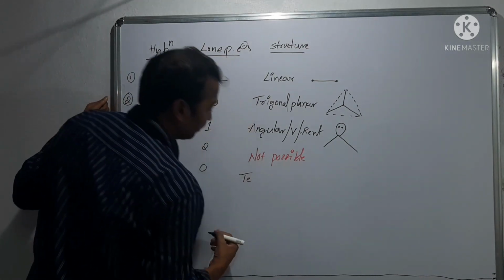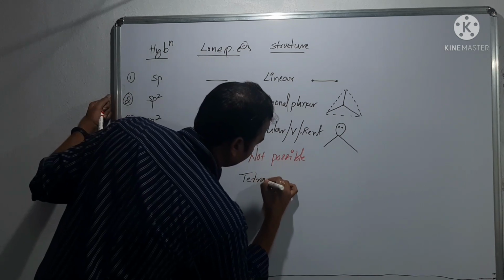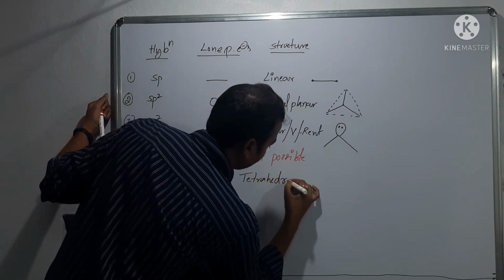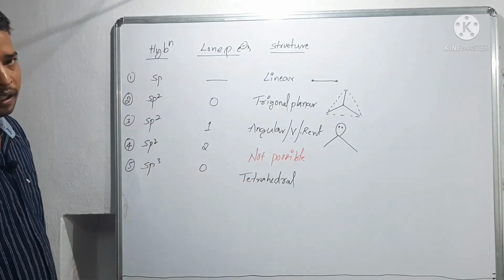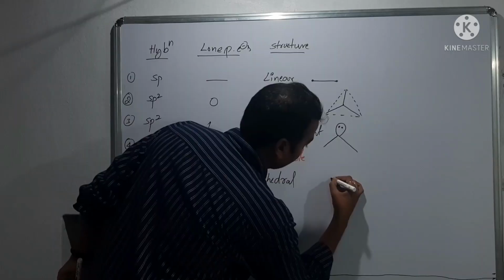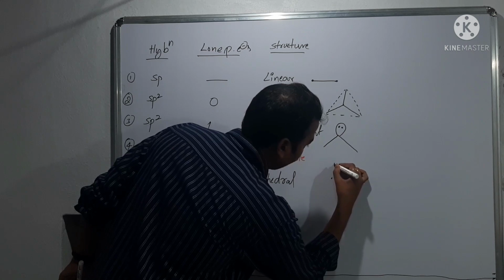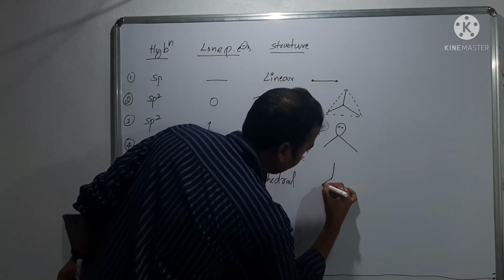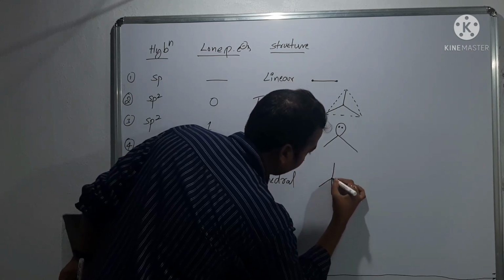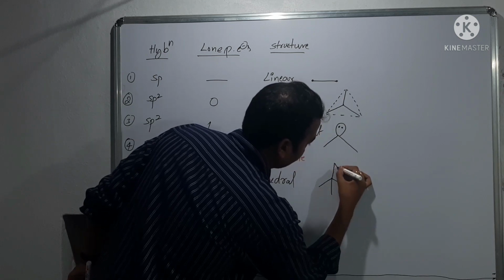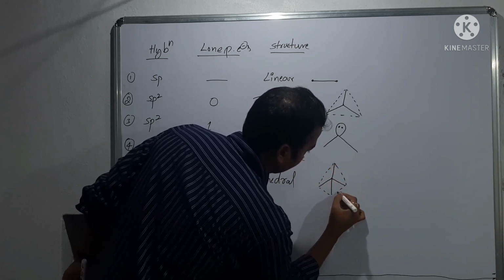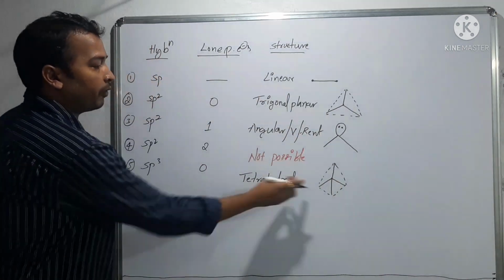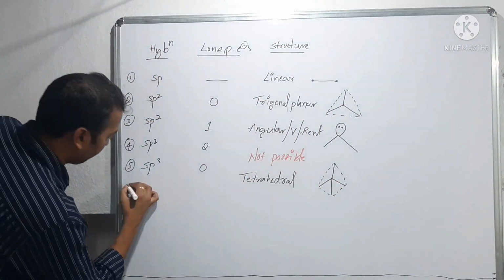Tetrahedral geometry. Generally it comes out as a tetrahedral molecule. The shape is taken like this. This is the shape of tetrahedral geometry.